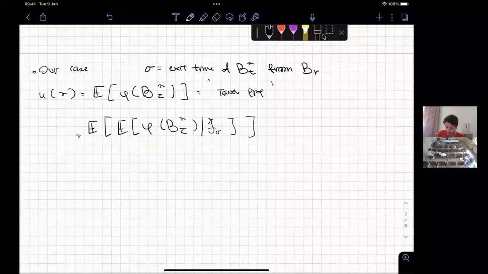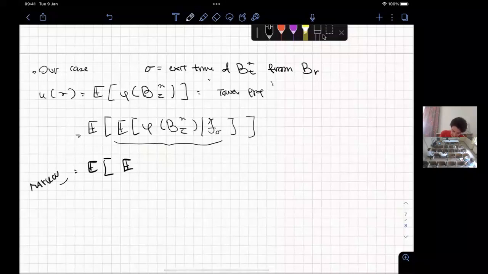So these things here, now here we use the Markov property, and basically what happened is that these can be written in this way. So here we use Markov: expectation of the same function of b2', y, and this is evaluated in y equal to b_x(sigma(omega)).